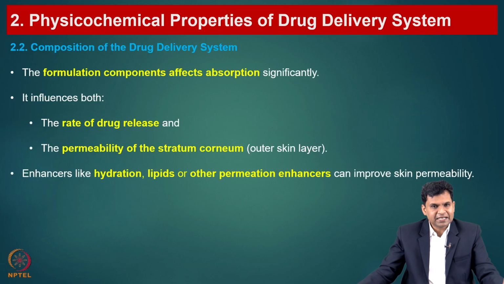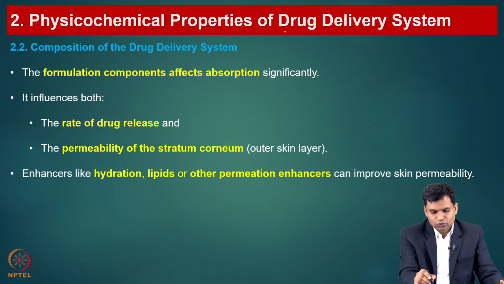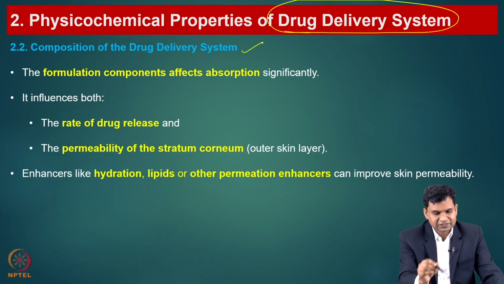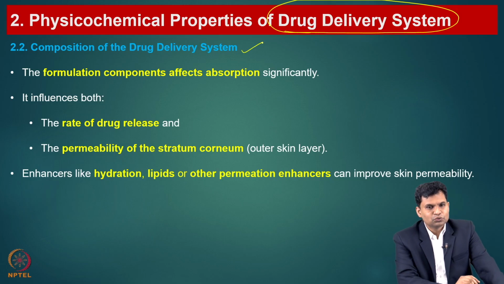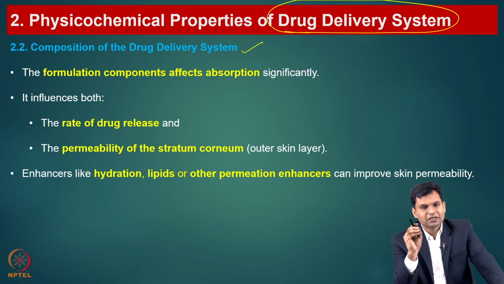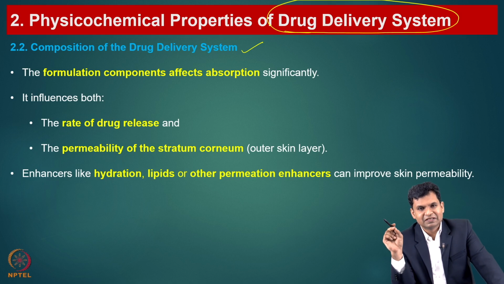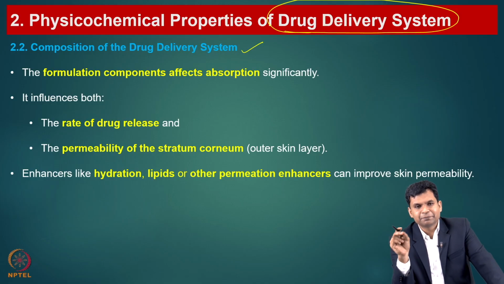And the second one, in the physicochemical properties of the drug delivery system, is the composition of the drug delivery system. As we discussed, the components need to be compatible with your drugs, and those excipients and components should not interfere with the release mechanism, as well as should not affect the therapeutic efficacy of the drugs.